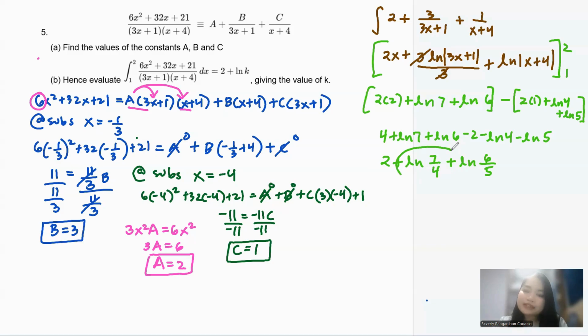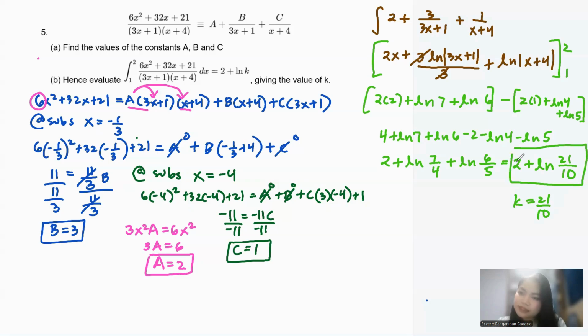I can combine this, you will just follow the law of logarithms, wherein if you want to combine them and there's a plus at the middle, you're just going to multiply the two of them, which is 7 times 6 over 4 times 5, and then you can just simplify that. That will be a total of 21 over 10. And therefore, your k is 21 over 10. I get it already that your k will be 21 over 10. That's it.